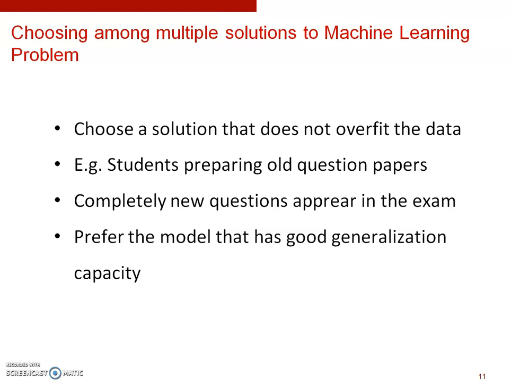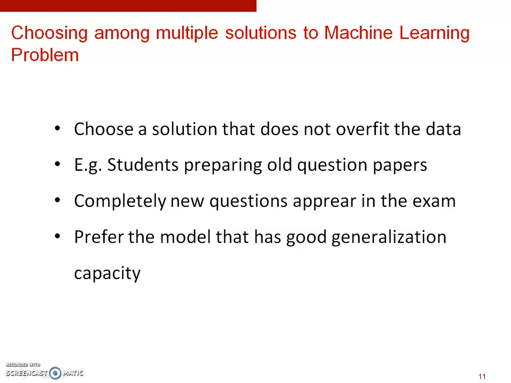For example, what is meant by overfitting? Suppose there is a class of students who need to write an end semester exam. The students start preparing for the exam. They refer to all the old question papers of a particular subject. They solve all the old question papers and thoroughly prepare all those papers in order to get a good score in the exam.